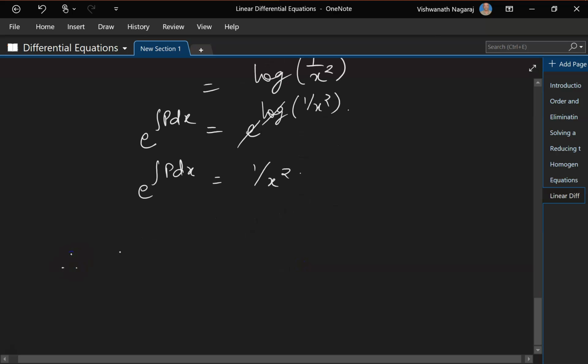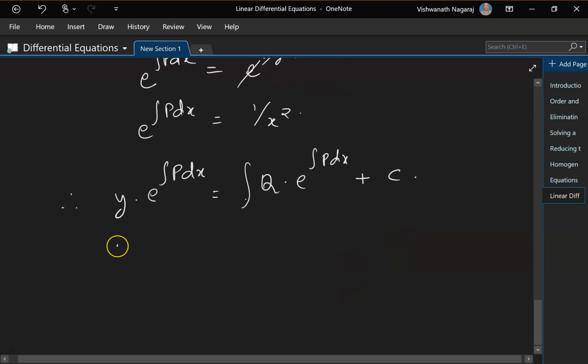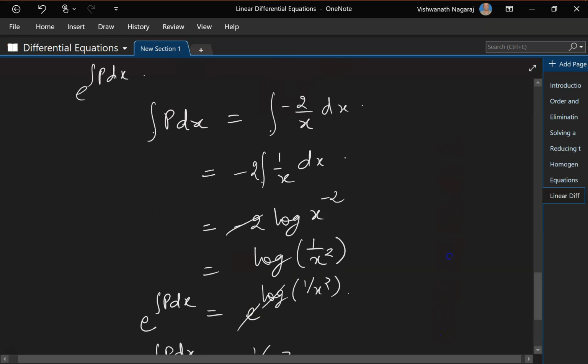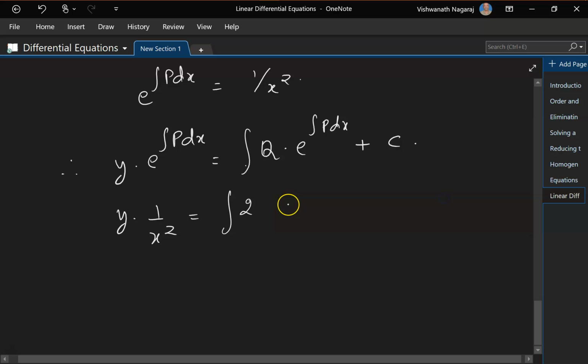So therefore, remember our solution: y times e to the power of integral of p dx is equal to the integral of q times e to the power of integral of p dx, plus c. Now we do the necessary substitutions. y times 1 by x square is equal to the integral of, now q is 2, so 2 times e to the power of integral of p dx, plus c.